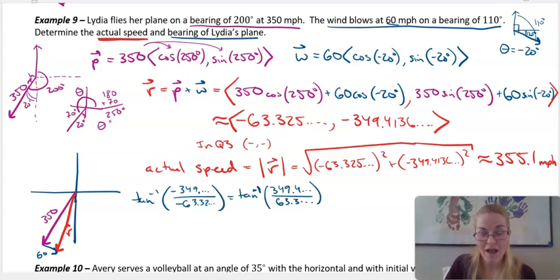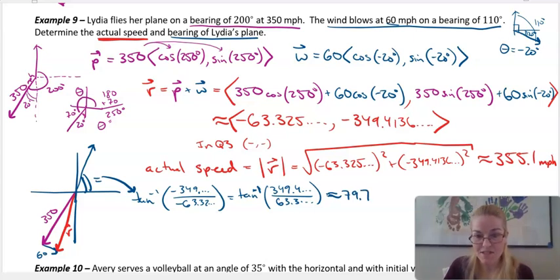And that's going to give me something in quadrant 1. So this right here is actually what I get for tangent inverse. It's going to give me a positive angle in quadrant 1, which is approximately 79.7 degrees, right?